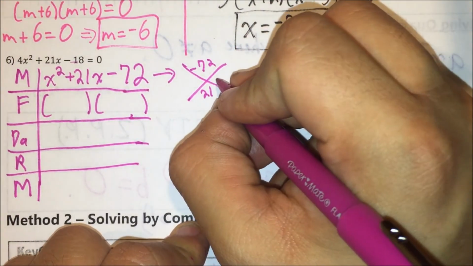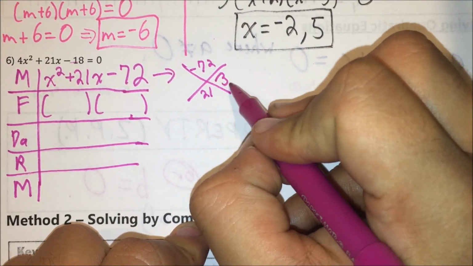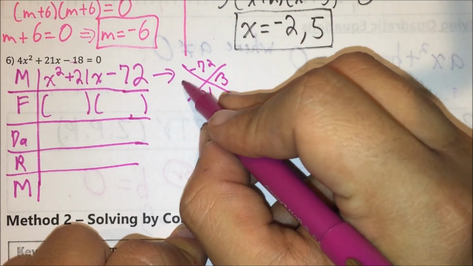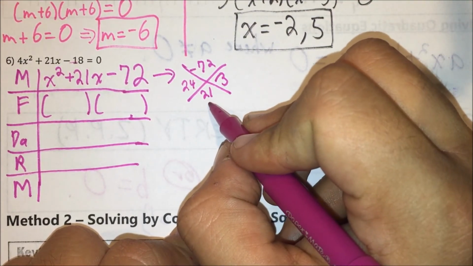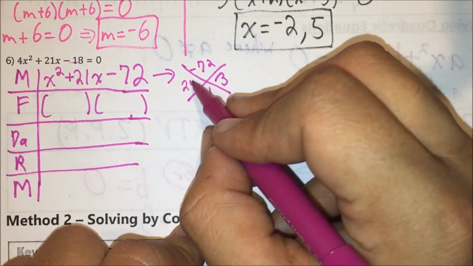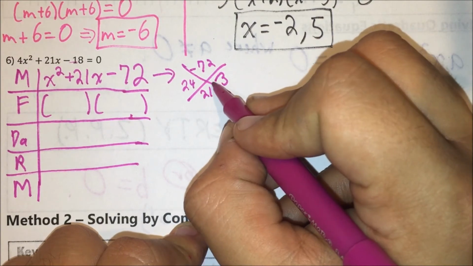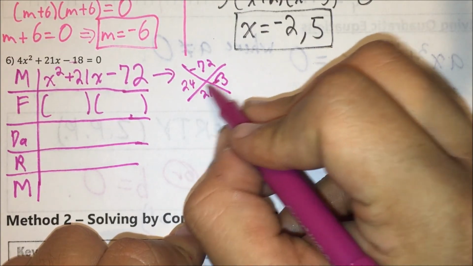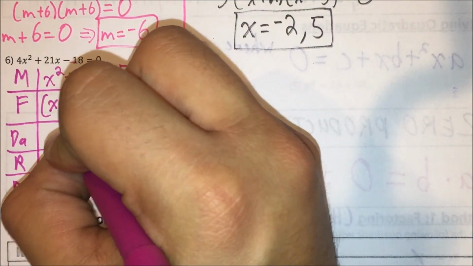So maybe I should try that. And what about 24? Well, 72 divided by 3 is in fact 24. Now again, 24 plus 3 is 27, which is not 21. But one of these has to be negative anyway, because we need negative 72. So we'll make the 3 negative, and of course 24 minus 3 is 21. So those are our factors.